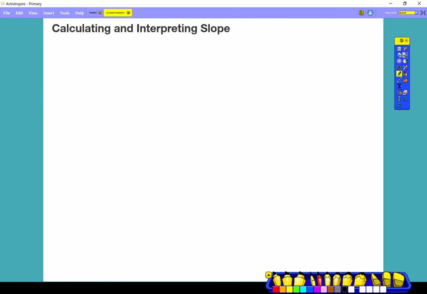So, calculating and interpreting slope. Remember, slope is rise over run. Your rise is your change in vertical height, and your run is your change in horizontal distance.